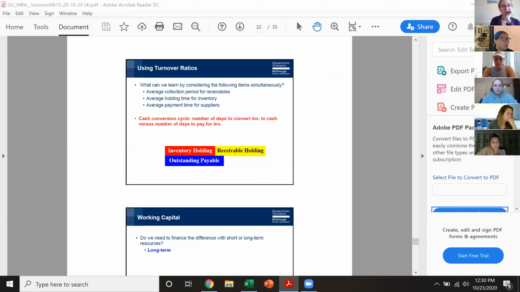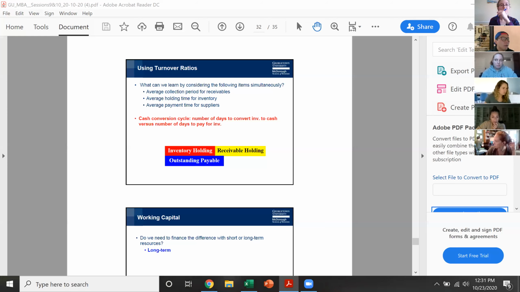So when you look at those numbers, how fast can you turn the inventory and receivables into cash versus how long you have to pay your suppliers? It's kind of looking at how quickly you can turn over short-term assets to cash so you can cover your expenses. Does that make sense?